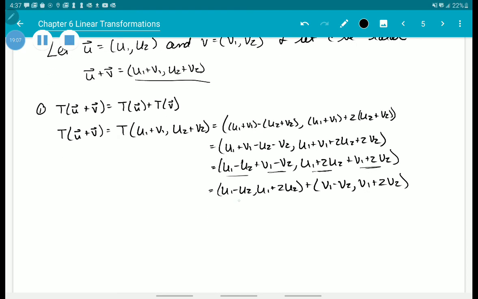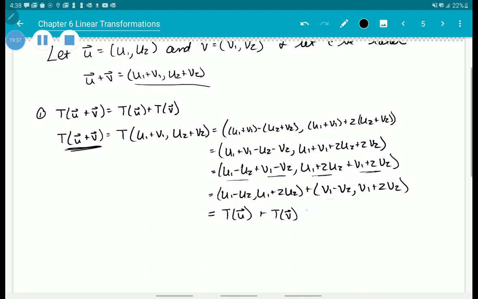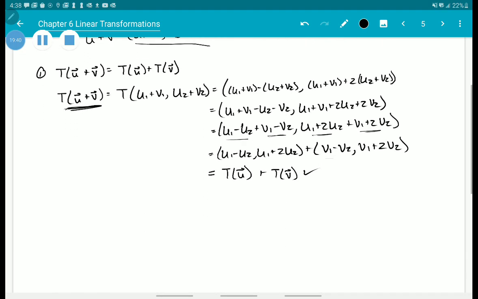And then if we look closely, this guy actually is the transformation of u, and this guy actually is the transformation of v. So we were able to go from this to this pretty easily. Remember, the other way to prove things is that you could start with this guy, simplify, get here, start with this guy, which would take you there, and show that they're equivalent. But this one was nice that we could easily go from one to the other.